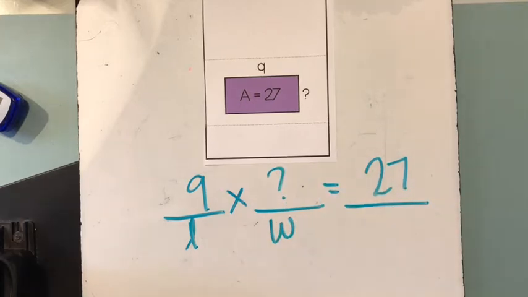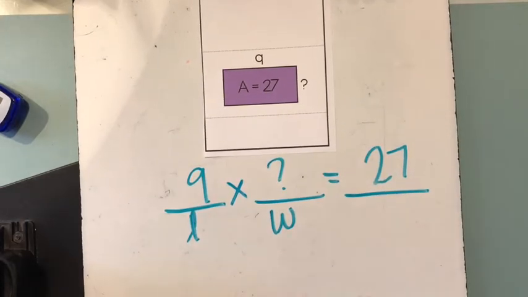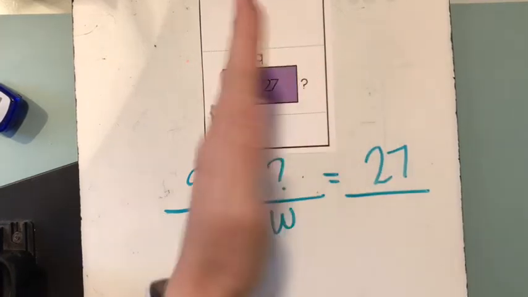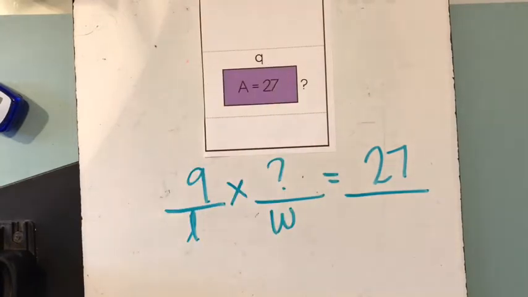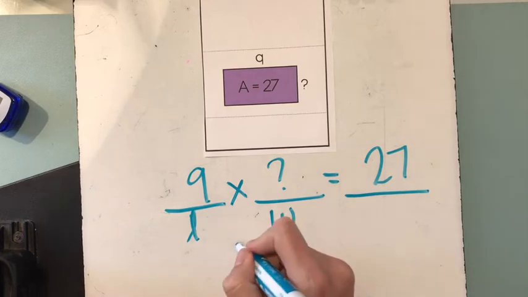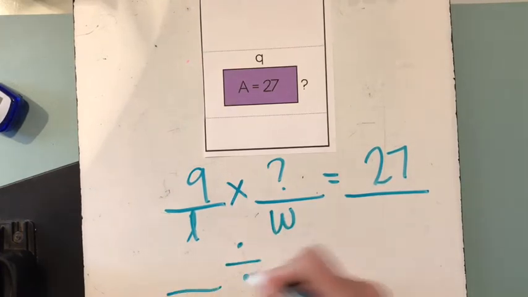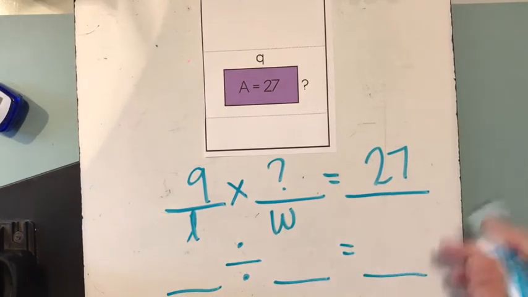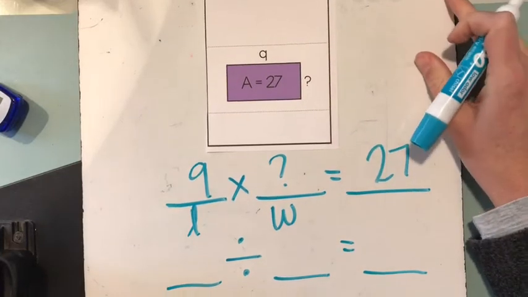So I'm going to put a question mark there. And we know from our previous knowledge of multiplication is that multiplication is the opposite of what? Hopefully you said division. It is the opposite of division. So that is how we're going to solve our missing side here.